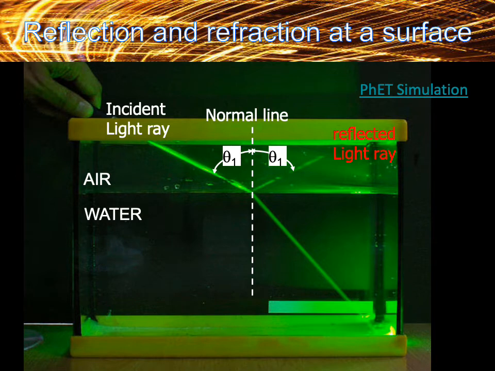And this angle, as you can see, theta 2 with respect to the normal line, is smaller geometrically than the incident angle, theta 1. That's because the water has a greater index of refraction than air.